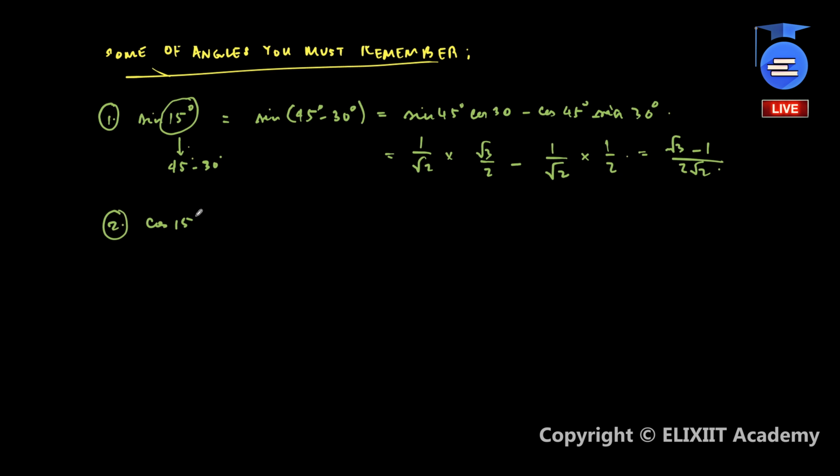Then we have cos 15 degree. How will we find out cos 15 degree? Again, by the same logic, we have 15 degrees as 45 minus 30.